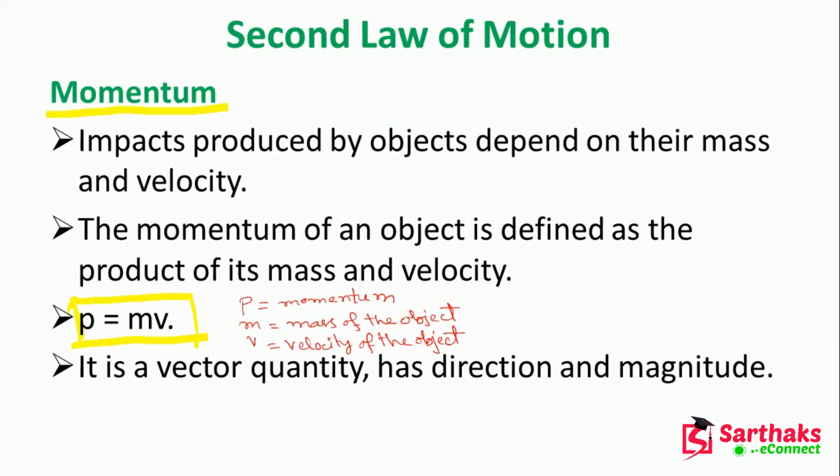Velocity is a vector quantity, so momentum is also a vector quantity and it has direction as well as magnitude. Vector quantity means it has direction as well as magnitude, so we call this a vector quantity. So momentum is the impact produced by the object depending on its mass and velocity.